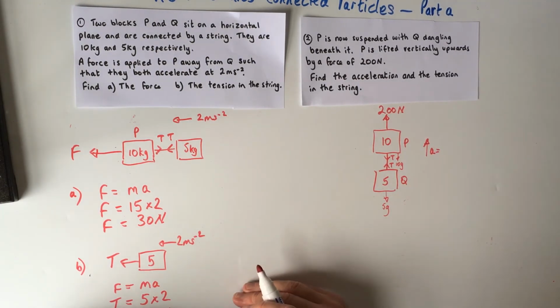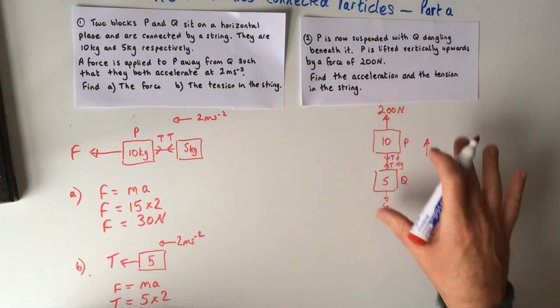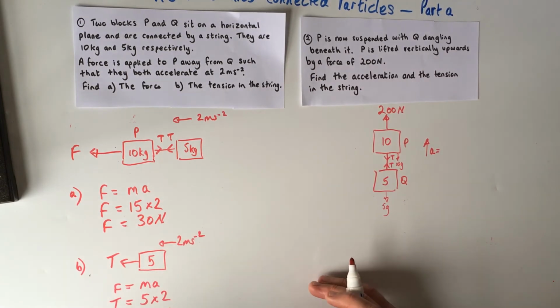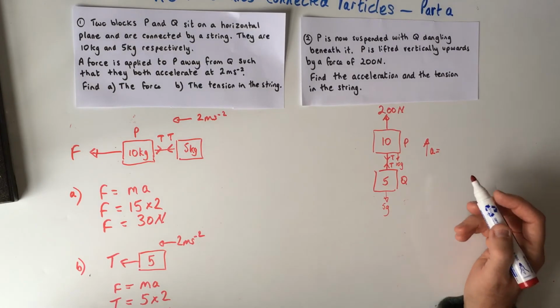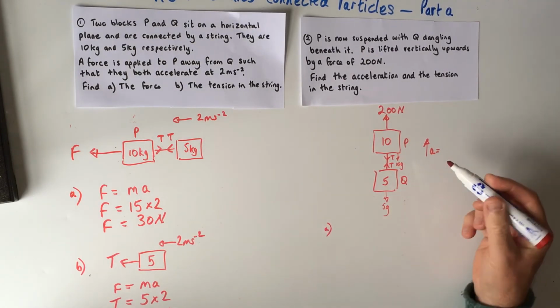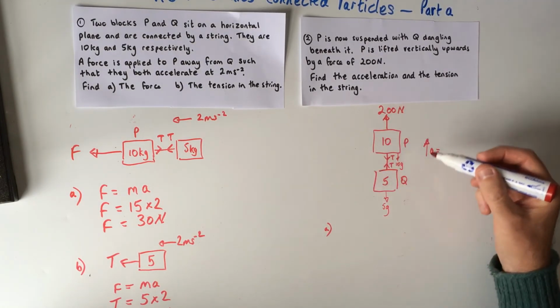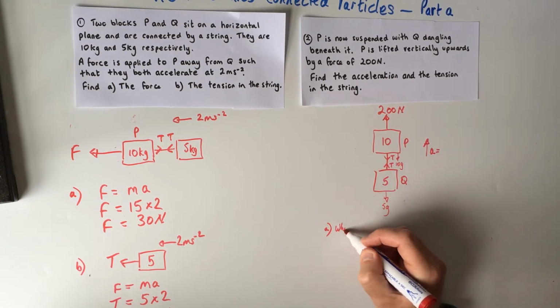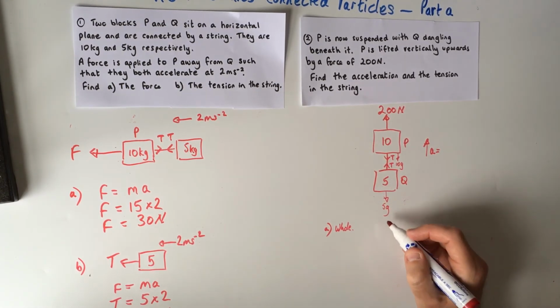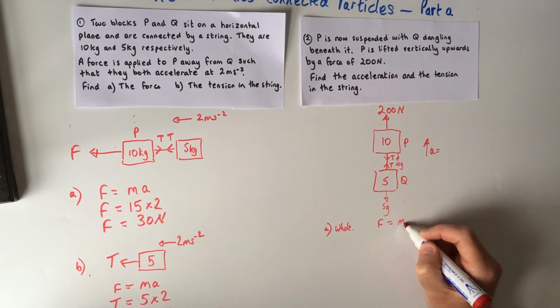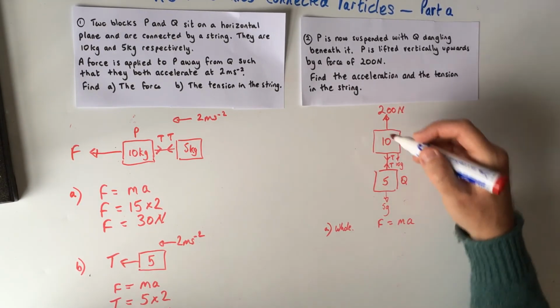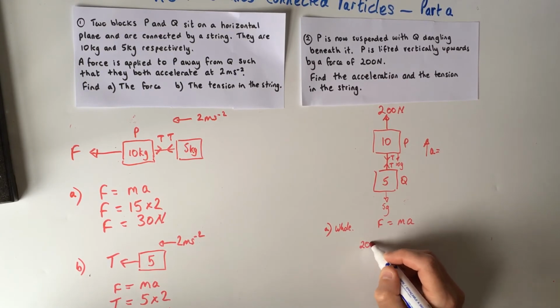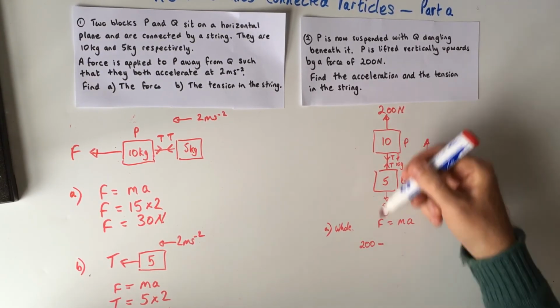All right, so let's do this. Find the acceleration and the tension in the string now. Let's find the acceleration first. Let's consider the whole thing. So we've got F equals ma, and the net force, of course, is 200 minus anything that's acting down.